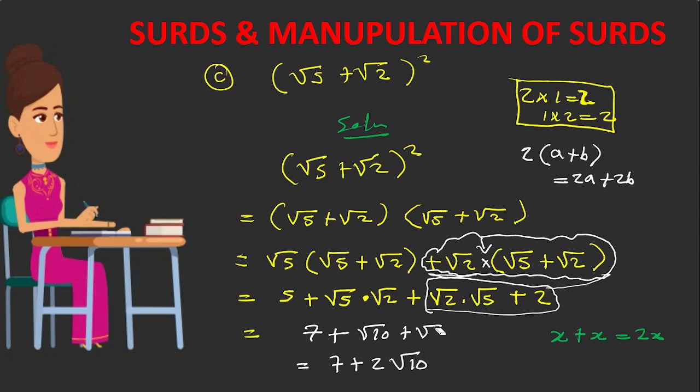It's 2x. Correct. So it's 2x. That means that what is square root 10 plus square root 10? If x plus x is 2x, what about square root 10 plus square root 10?